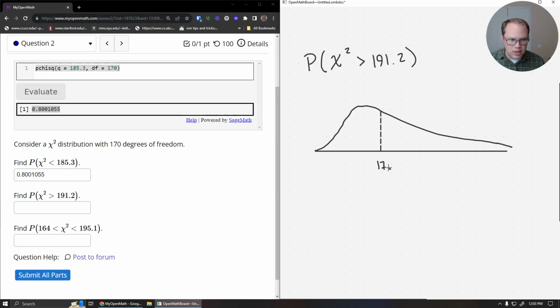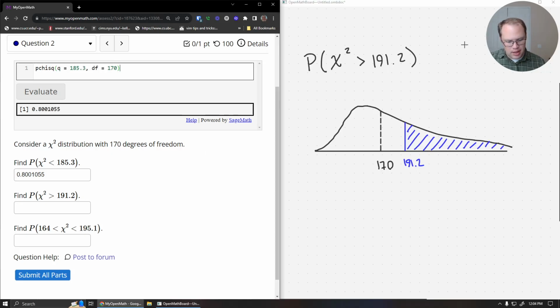We don't need it to be perfect, but getting it about right helps. 191.2 is bigger than 170, so I'll put it over here to the right. And we want the probability that chi-square is bigger than 191.2. That means we are interested in the area to the right. That's where the numbers get bigger. Okay?